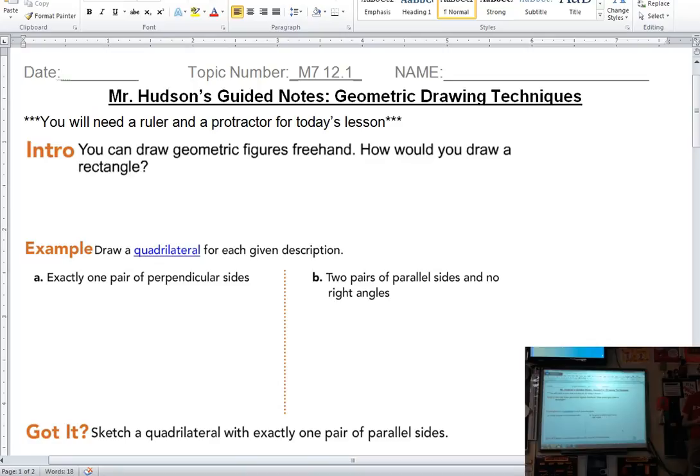Abby? Isn't it also two sides need to be the same, so pretty much you have two parallel lines, but they have to be the same measurement, so they have to be congruent. Yeah, so we have two pairs of congruent opposite sides. That's what I think you're trying to say.